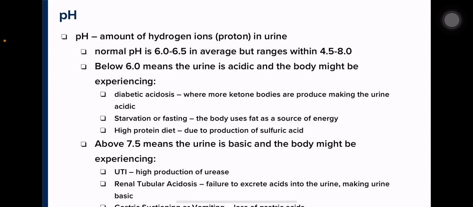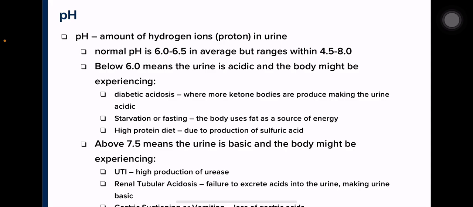And then high pH or alkaline pH may suggest UTI due to the high production of urease-producing bacteria. We also have renal tubular acidosis, where your kidneys fail to excrete acids. And then vomiting or gastric suction, where there is a loss of gastric acid in your stomach.